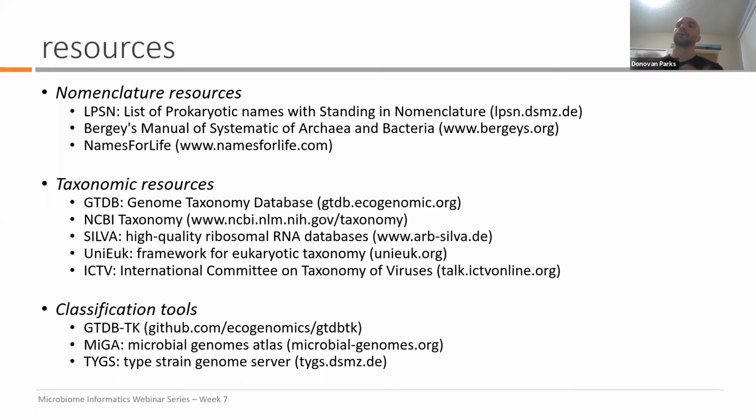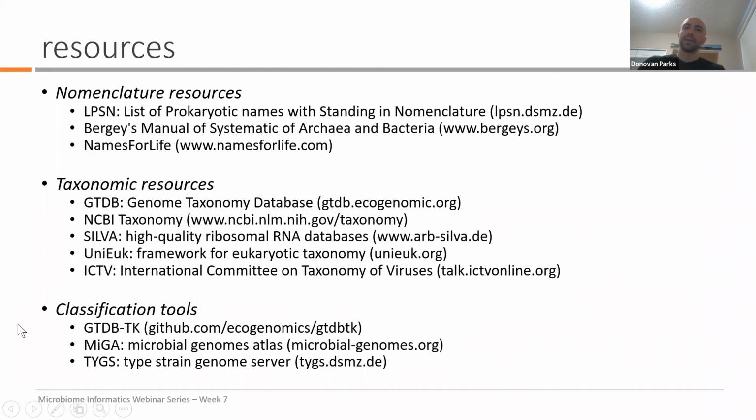And then if your research takes you into other domains, there's UniEuk, which is an initiative somewhat similar to GTDB in that it's using a reference tree to redefine eukaryotic taxonomy. I believe that initiative is currently focused on protists. And if you're interested in viruses, there's the ICTV.